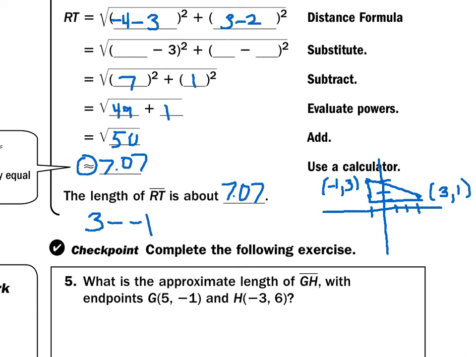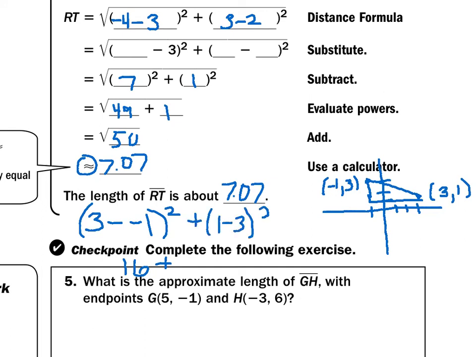Be careful with the negative signs in here. Okay, minus a negative is a positive, so that is 4. And when we square it, we'll get 16. Now, how tall is it? What is 1 minus 3?